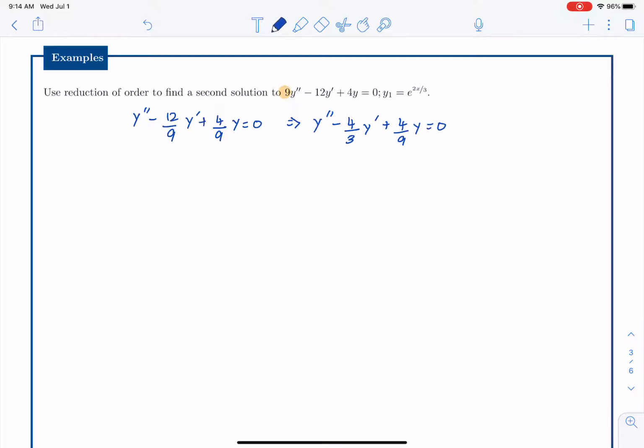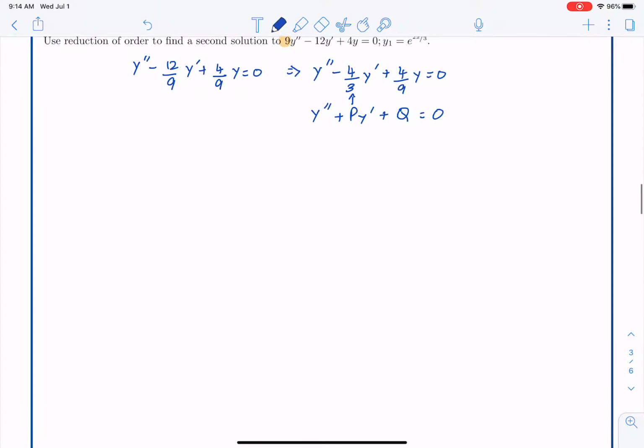And based on our derivation, if we make a direct comparison to y double prime plus p y prime plus q equals 0, we would identify p to be negative 4 over 3.